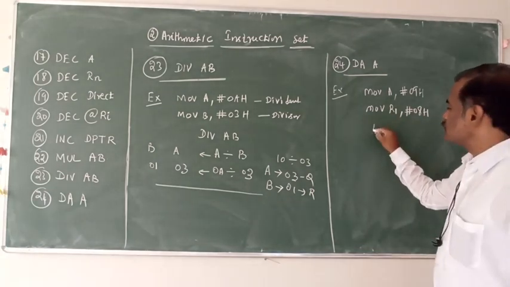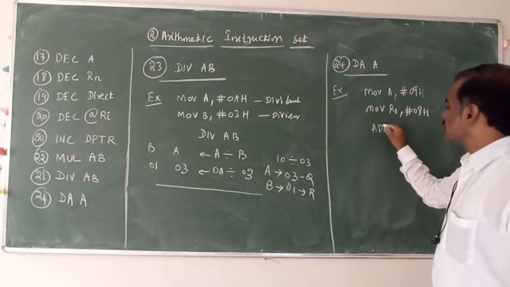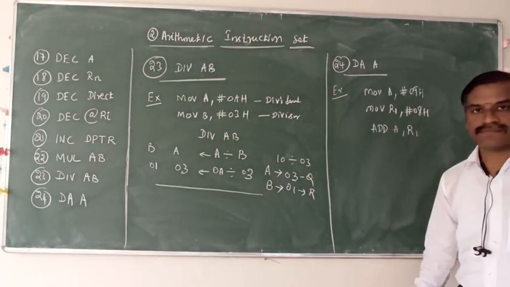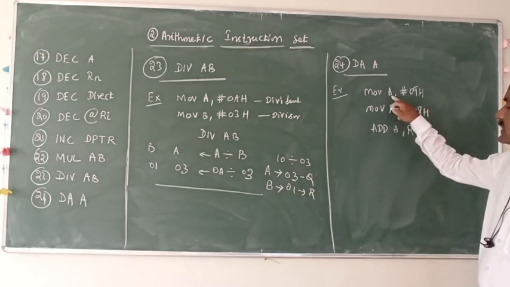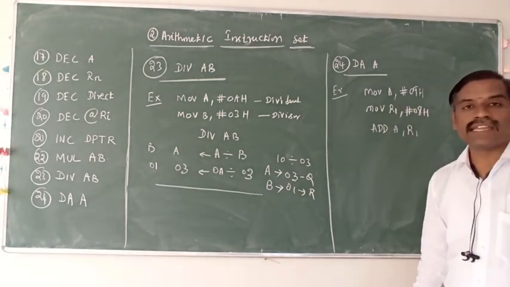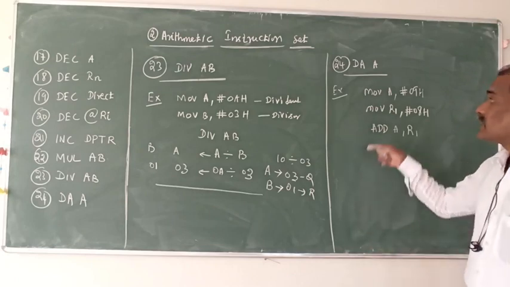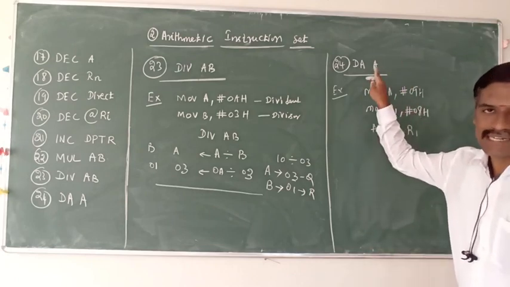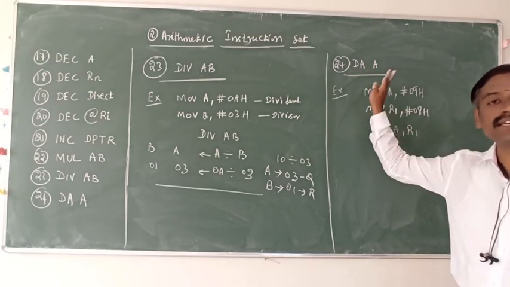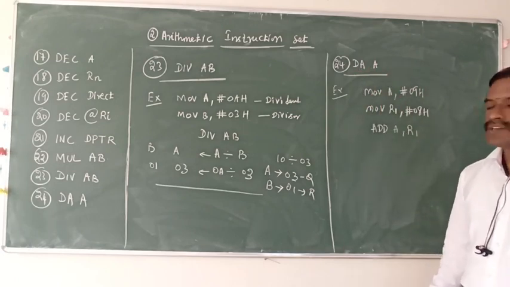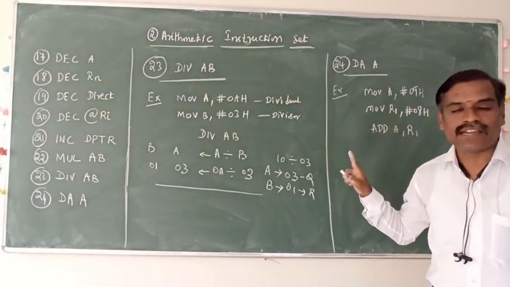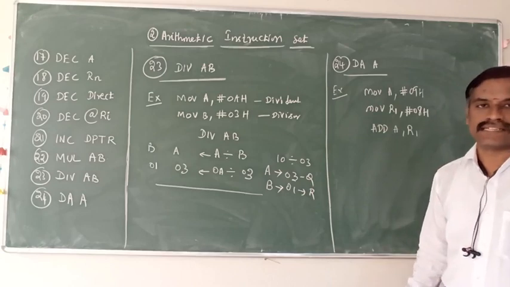For that we can use the ADD A, R1 instruction. Add accumulator data with the register R1 and the result is available only in the accumulator. We can adjust only the accumulator content, hexadecimal value to convert into decimal, not some other register content. Okay. After adjustment, the result is always available only in the accumulator content.